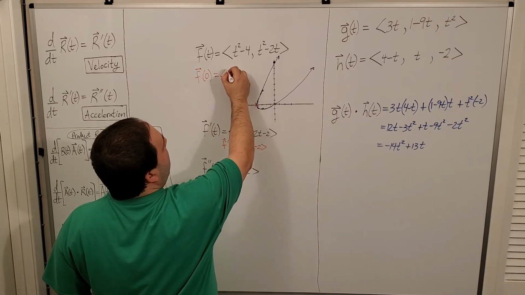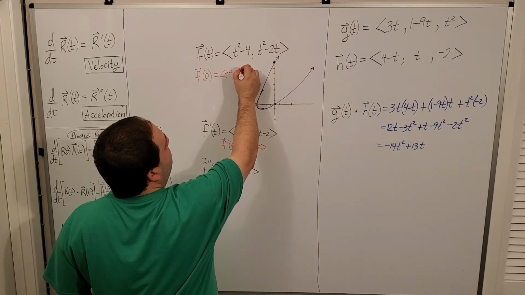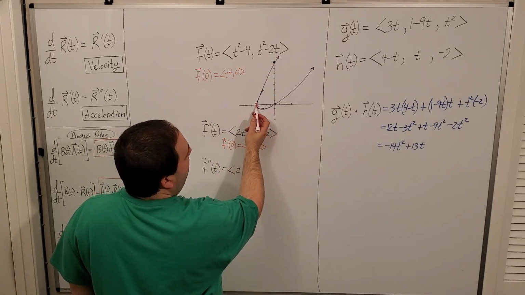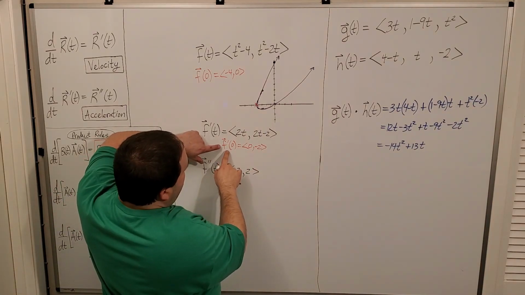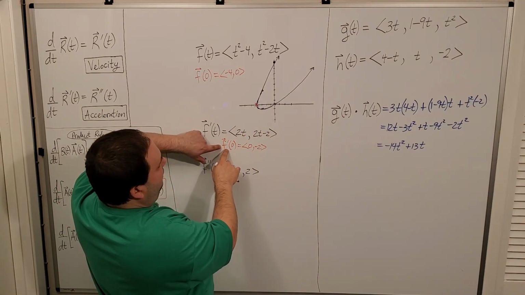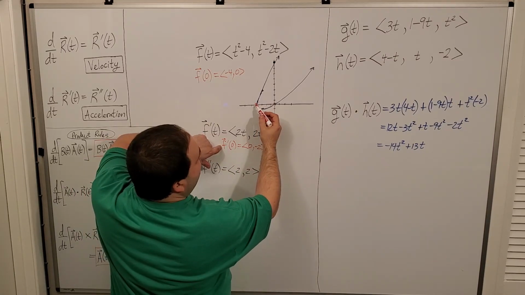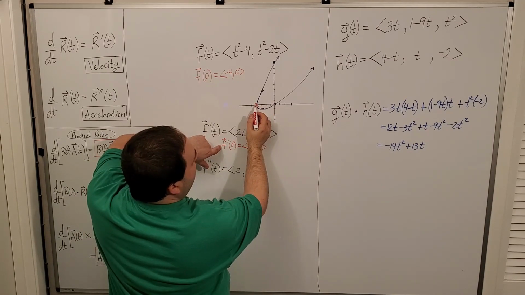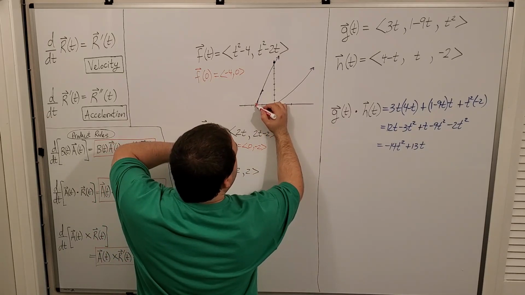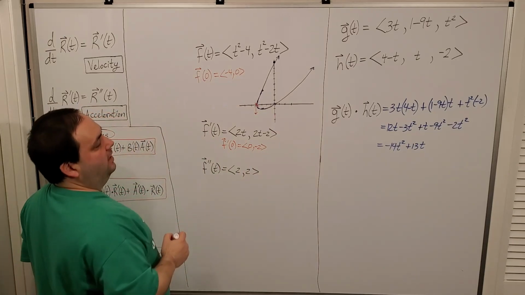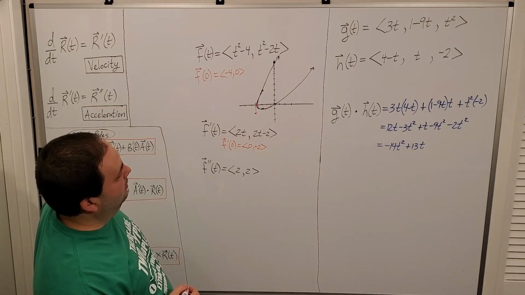At 0, we had -4 and 0. So that's this point right here. Now notice the f prime vector function is 0, -2. So if I issue that vector from this point, 0, -2 is this way. Just like that.